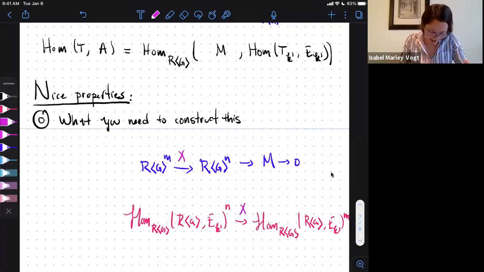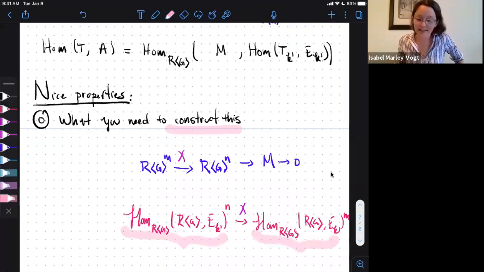So really, in order to construct this, what I need to tell you is where R angle bracket G itself should go. That is the key thing.